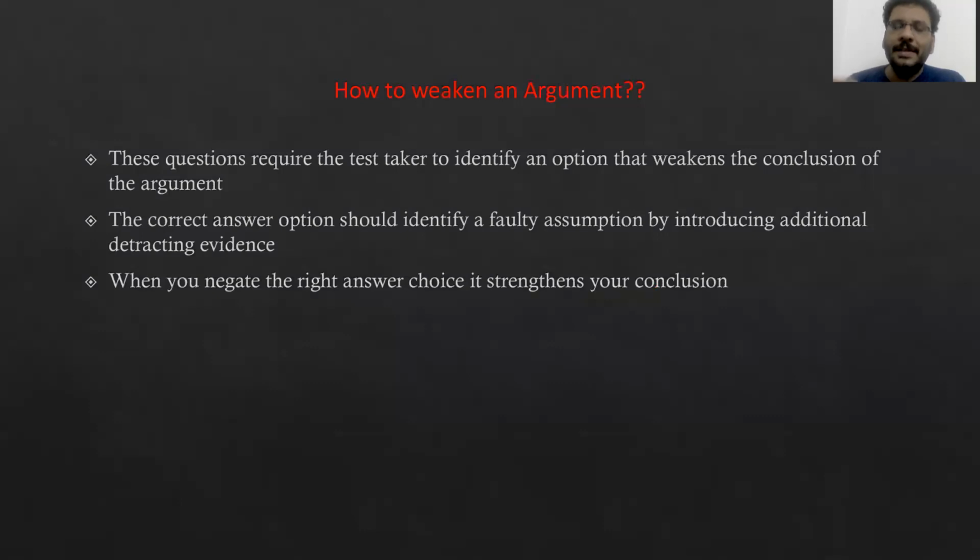So essentially, you're looking for an answer option which identifies a faulty assumption by introducing an additional premise or an additional piece of information, right? And when you negate the right answer choice, it actually strengthens the conclusion. So when you negate a weakener, what you get is a strengthener.